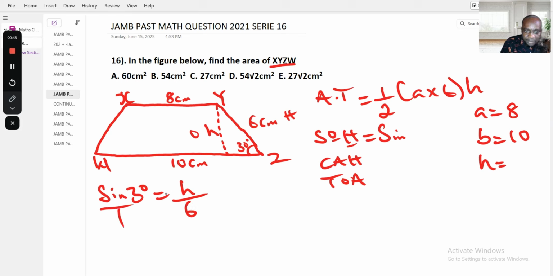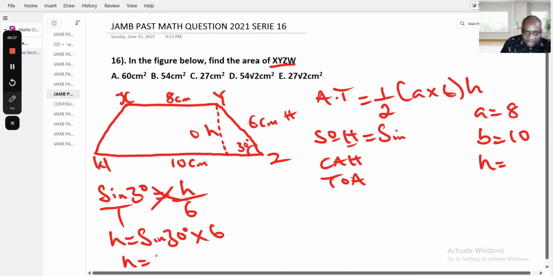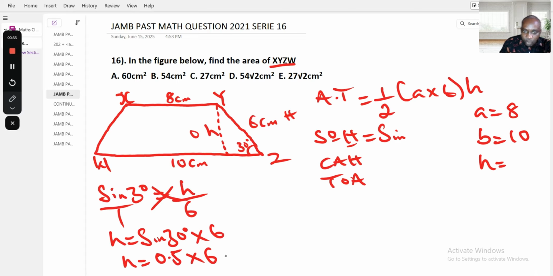Cross multiply. h times 1, h, equals sine 30 degrees multiplied by 6. What is sine 30? It is 0.5 multiplied by 6. 0.5 multiplied by 6 is going to give us half of that 6, which is 3.